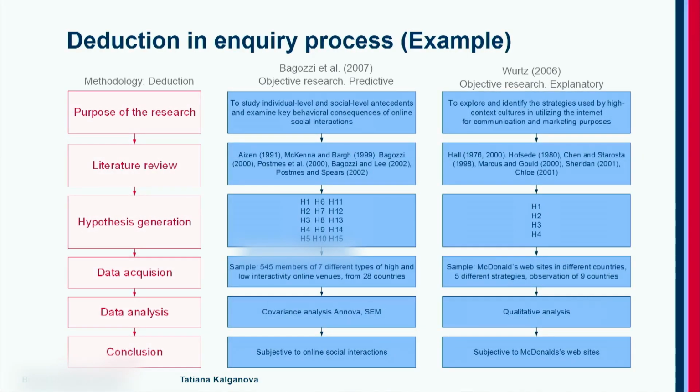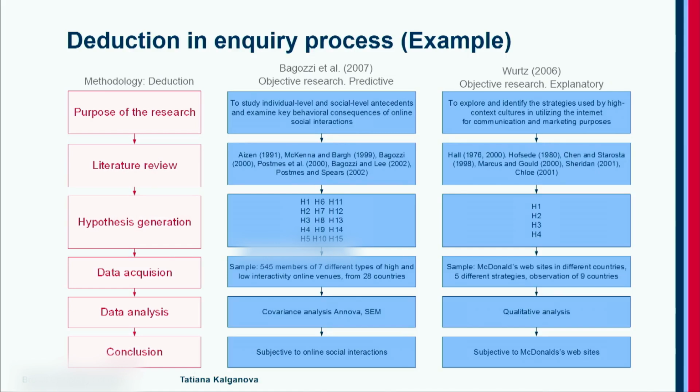As a case study, let's have a look at deduction in the inquiry process. Just to remind you, what are the main steps? We need to define the purpose of research. We do a literature review. Very often, the literature review will justify the purpose of our research or lead to the generation of our research question.